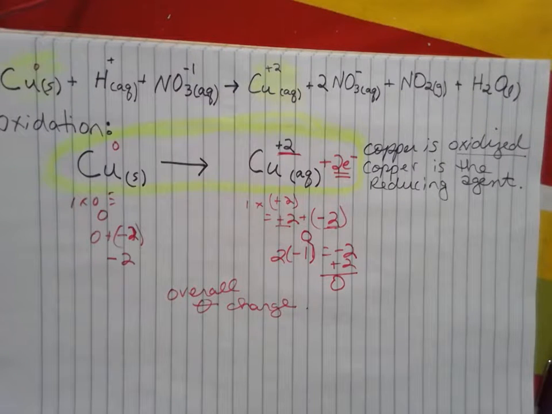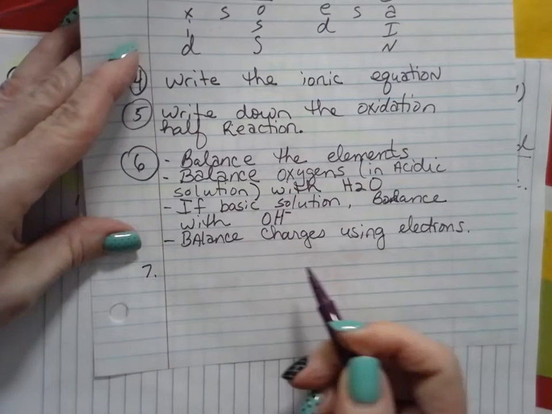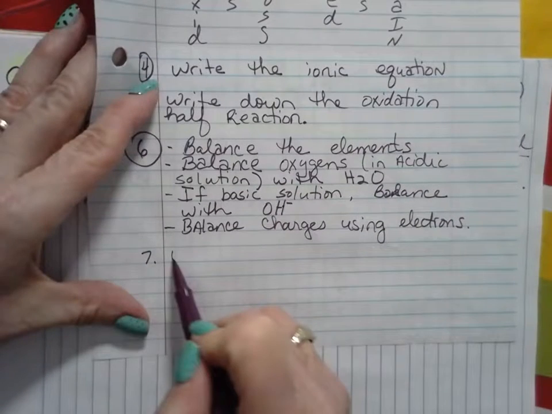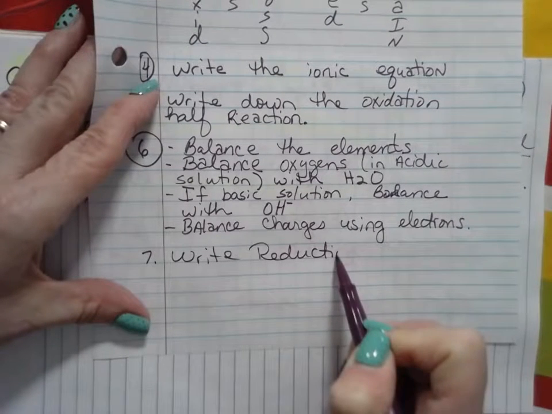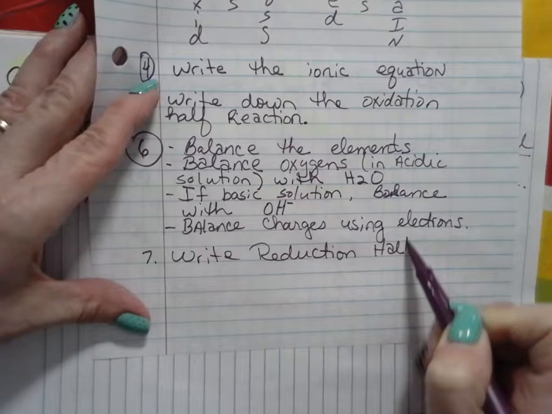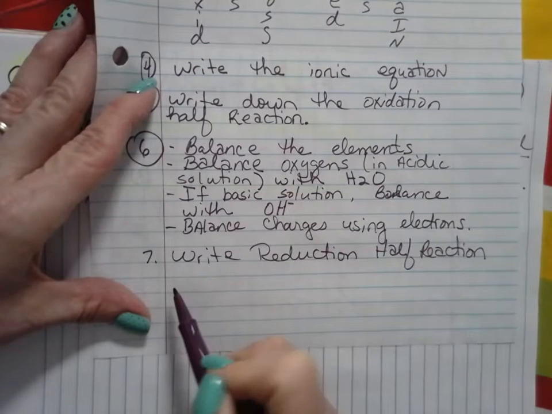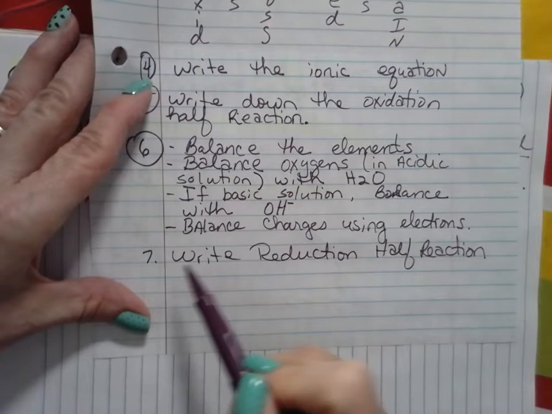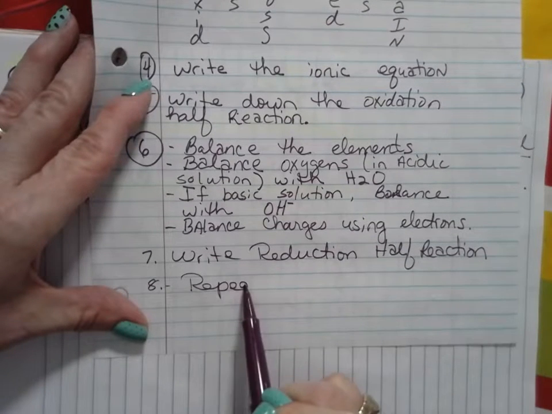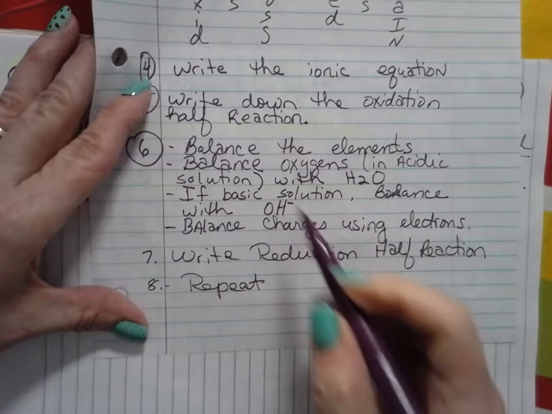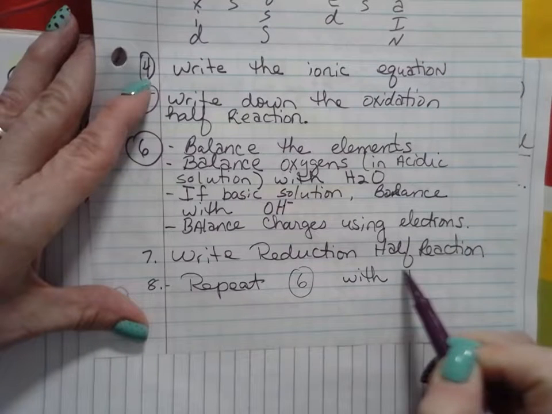Step 7 is that I have to write down my reduction half reaction. And I'm going to go ahead and write down step 8, which is to repeat step 6 with the reduction half reaction.